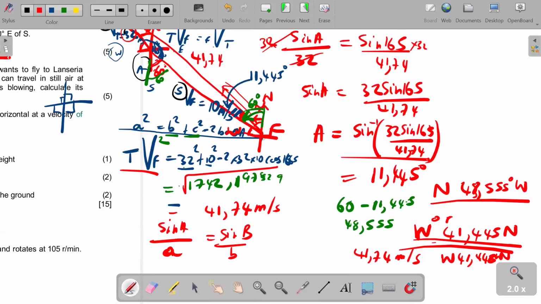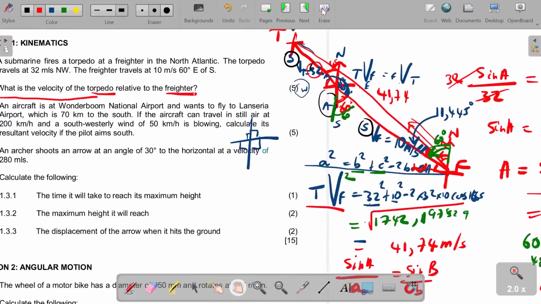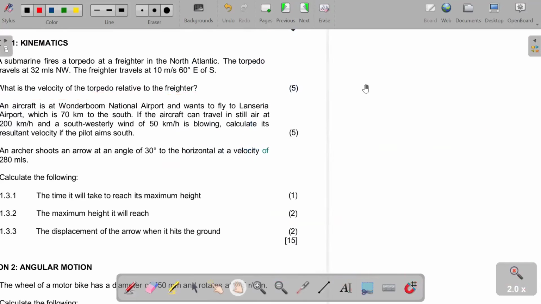Option 2, I also want to demonstrate using the other method. How were we supposed to do it? So with the other method, I'm just going to erase this to demonstrate it here. Okay, so here is what we can also do. Number one, we will choose certain directions for the two dimensions that we have, the vertical dimension and the horizontal dimension.